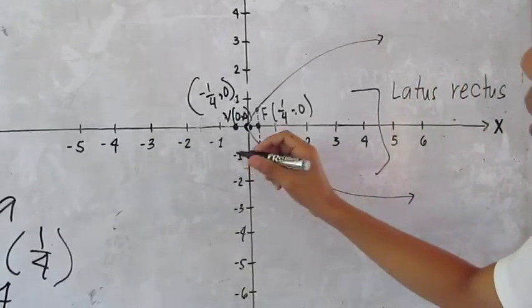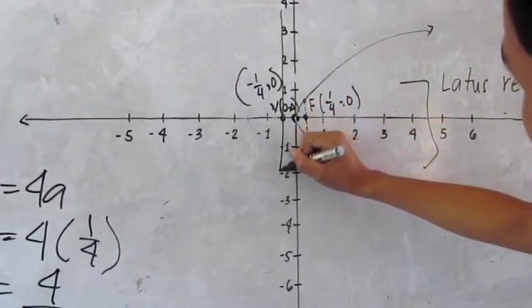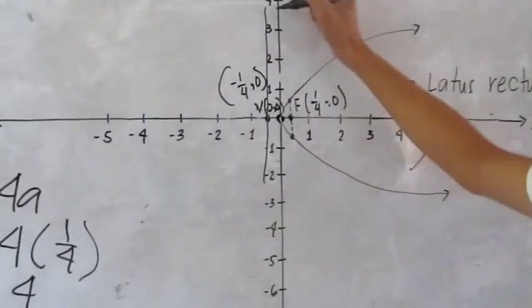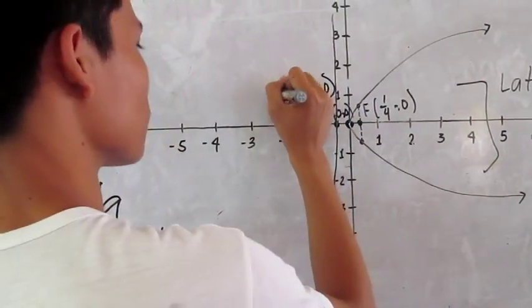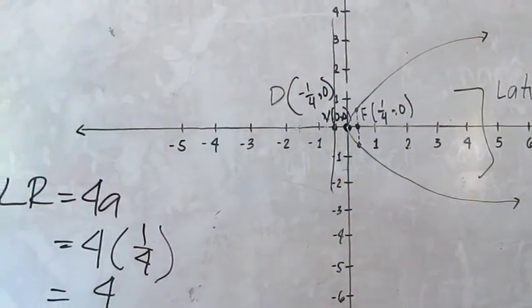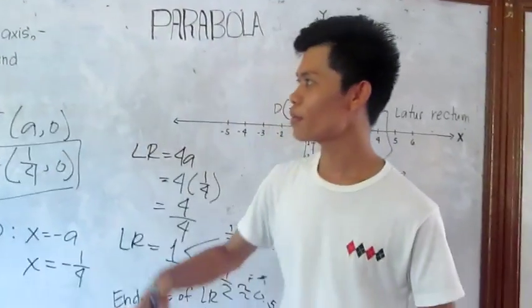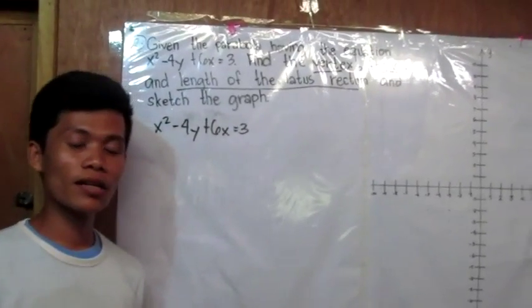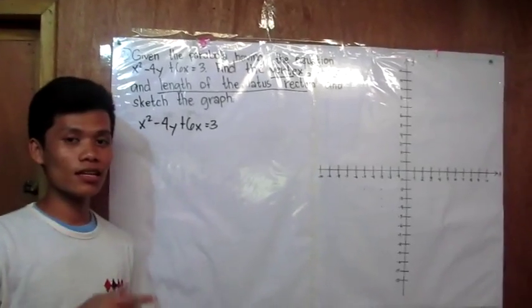By the way, this is the latus rectum. And then this line here is our directrix. So I think that would be the explanation of the given problem. Okay, we are done with the first problem, where the vertex is at the origin.